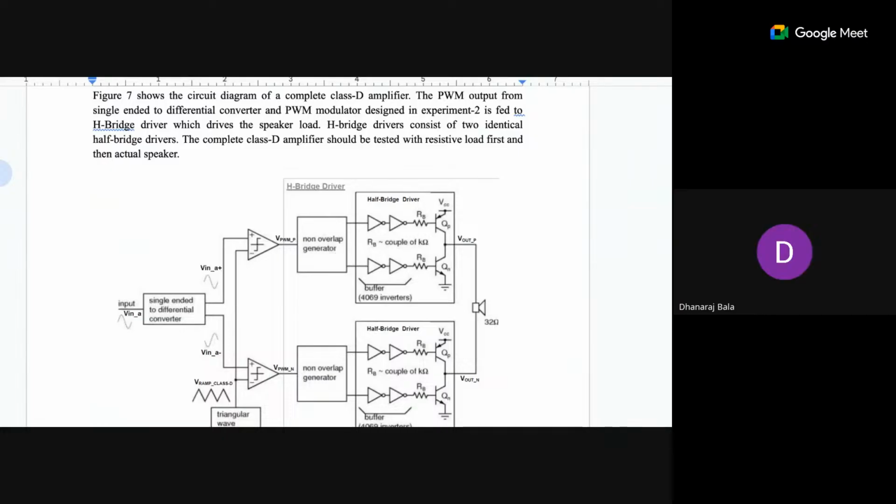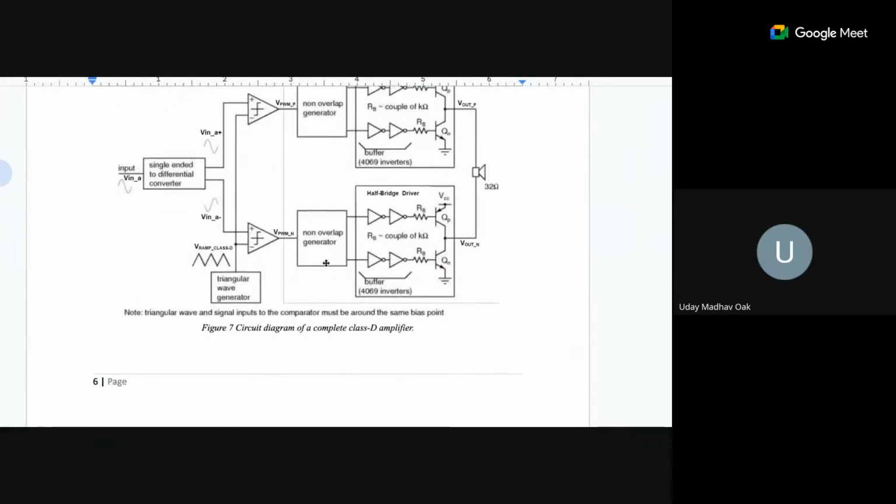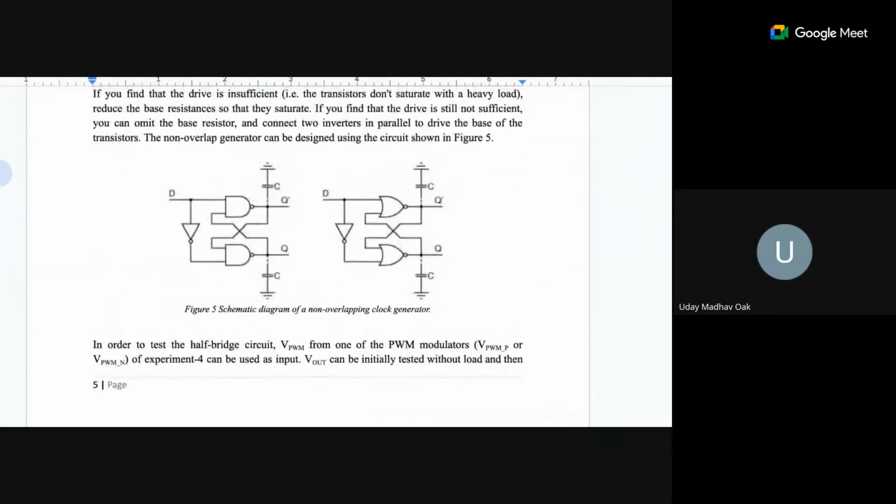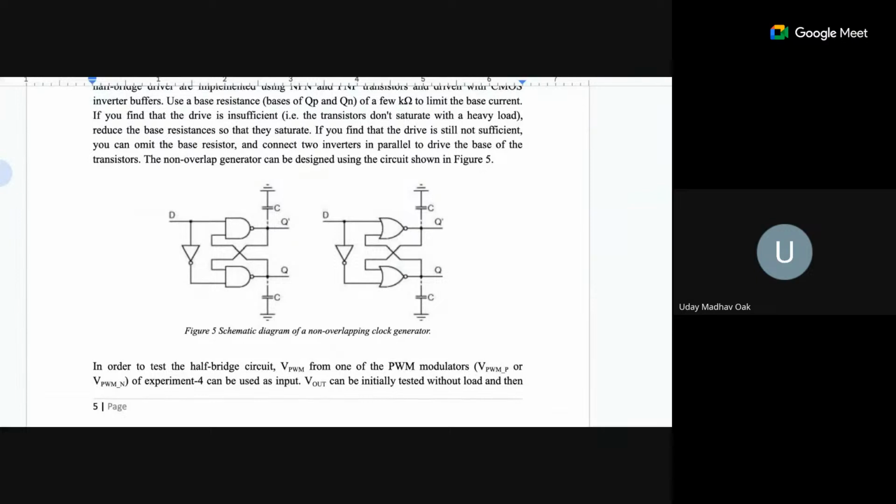Okay, only one will be on at a time. But one question, if I may. This non-overlap generator is basically a set reset latch, right? Yeah, in a way it is.